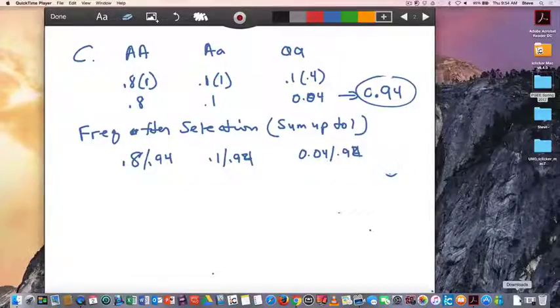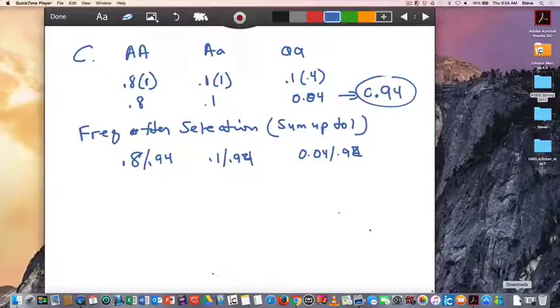I'm glad I'm not taking an exam. Okay? So there's a classic example. If I saw that and you just accidentally put 0.92 but did every other calculation right, I would give you 0 out of 15 points on that problem. I'm just kidding. Okay, so 0.94, here are the real values.